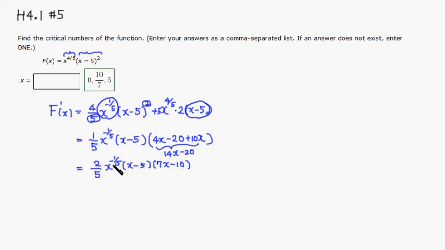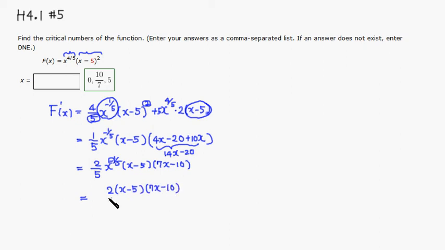Since you have a negative power here, I'm going to put it on the bottom. So let's write it this way. 2 is on top, the quantity x minus 5 is on top as well, and also 7x minus 10.